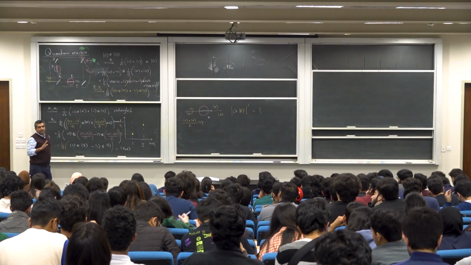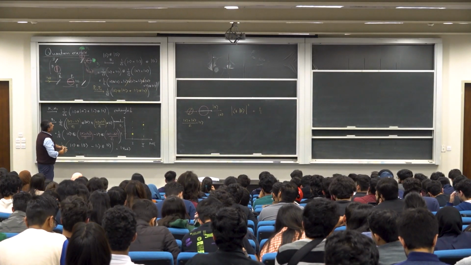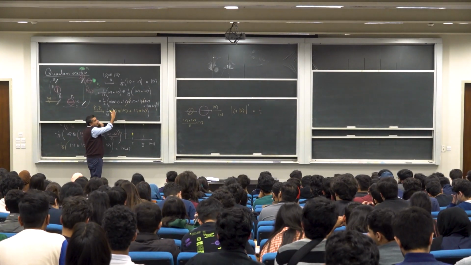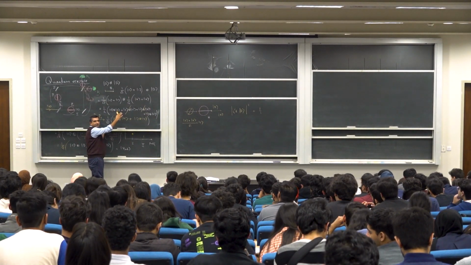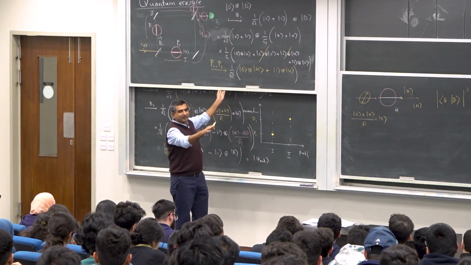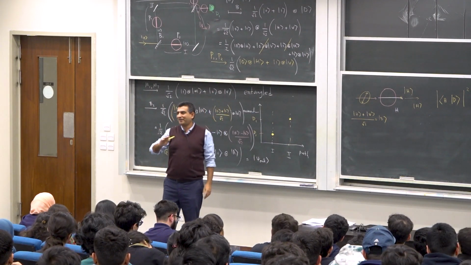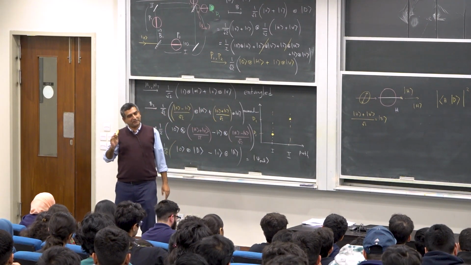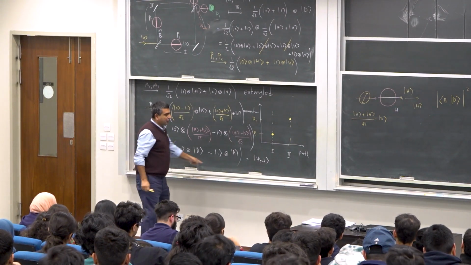No, it's going to come out only half of the times because you blocked half of the terms over here. But whenever a photon comes out, which happens 50% of the times, it's going to be in this quantum state.